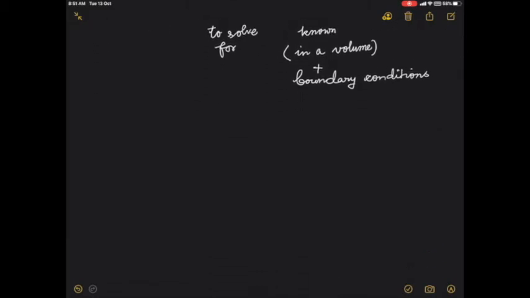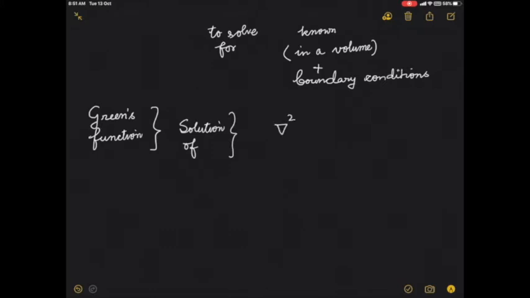The way we answered it is, of course, using Green's method. So we introduced something called a Green's function, which is a solution of an equation which has the same operator, the solution we call G, but a delta function source.